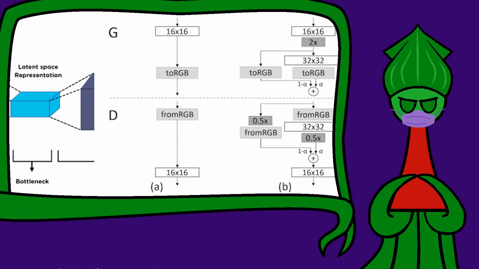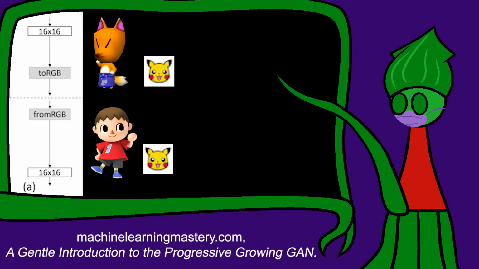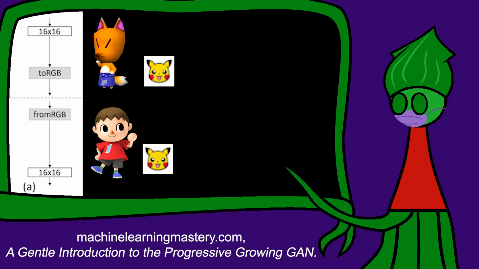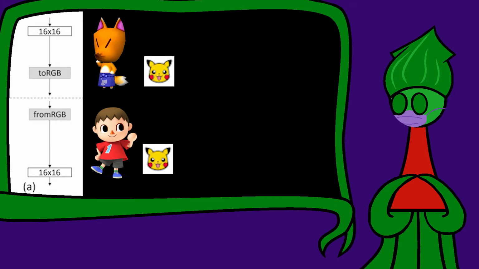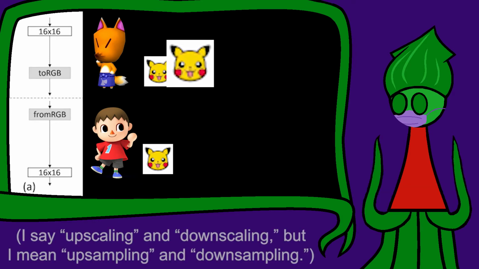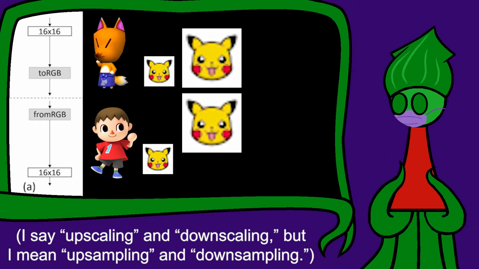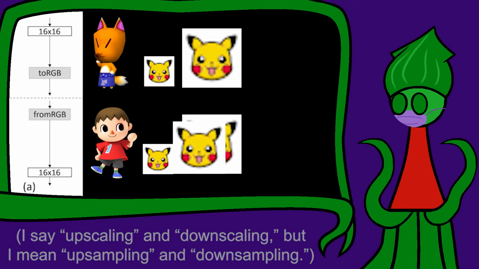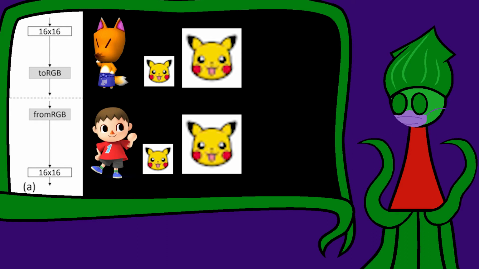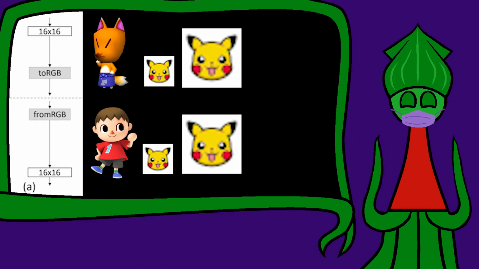Okay, so progression. Red makes art of a particular size, and the villager appraises art of the same size. If we want to make bigger art, we can start by upscaling what Red comes up with, and telling the villager to start by downscaling it. The GAN is now creating and interpreting art of twice the height and width, 4 times the size.